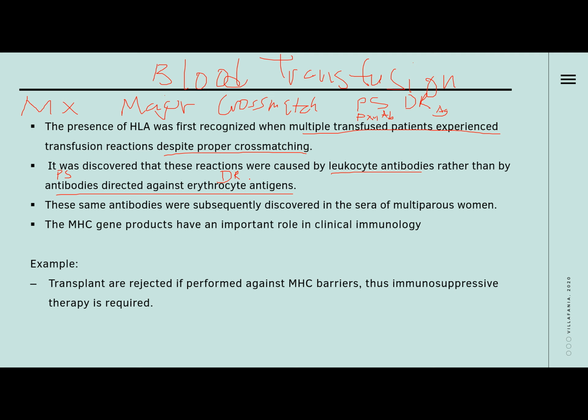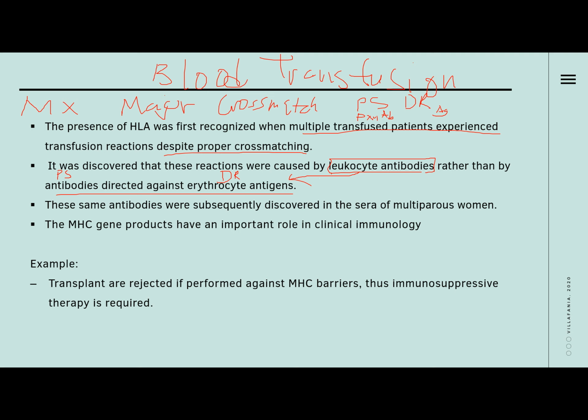Ganon sa cross-matching. Pero dito sa HLA, they were able to identify leukocyte antibodies. And these leukocyte antibodies, class, would attack erythrocyte antigens. So take note of that.